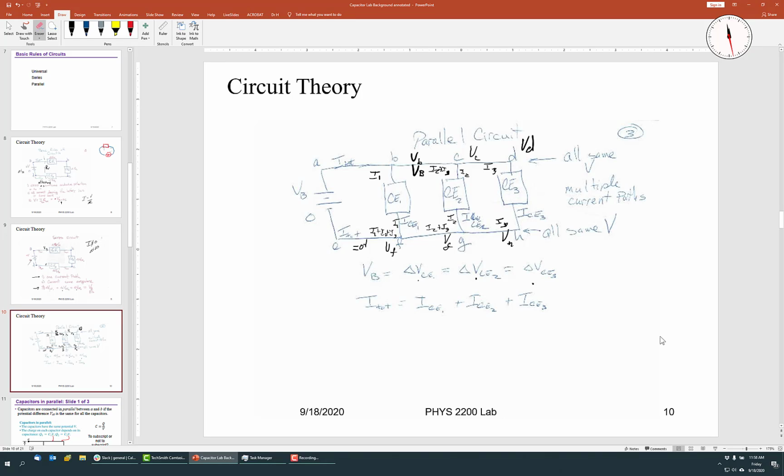And we see that this point A is at VB, and this one here is at zero. So that means that everybody has the same delta V, same voltage drop, but now the current is not the same everywhere. All we have is the basic rule that all that leaves has to come back.